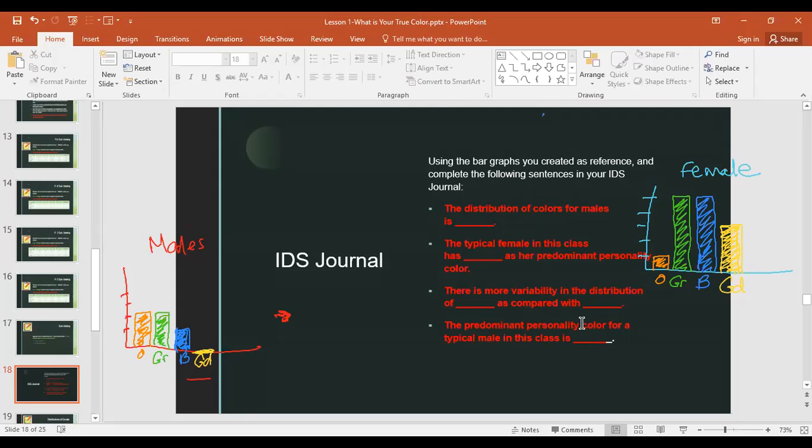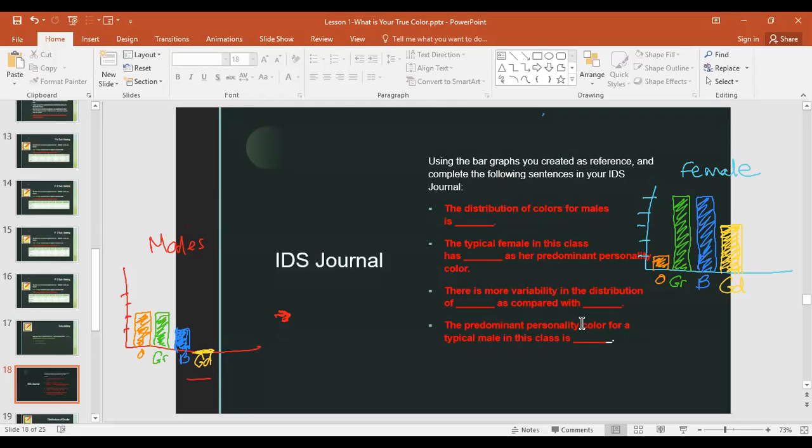There is more variability in the distribution of males or females as compared with males or females. The predominant personality color for a typical male in this class is blank. Questions 2 and 4 are pretty straightforward. 1 and 3 require a little bit of knowledge of our previous vocabulary.